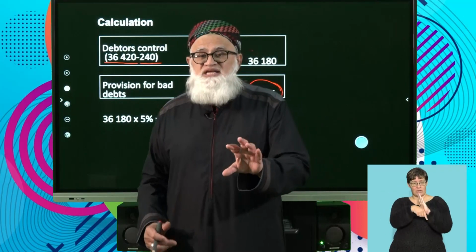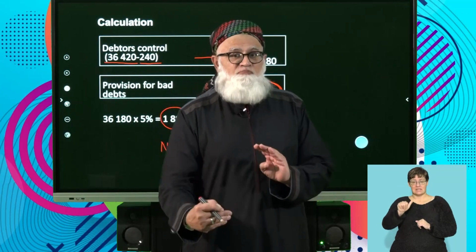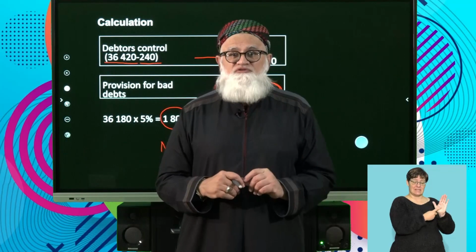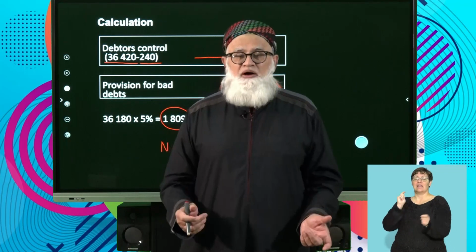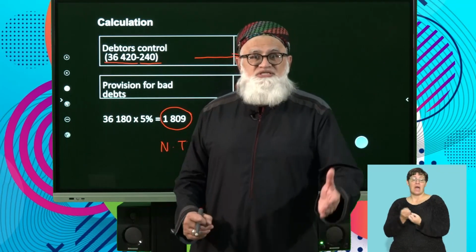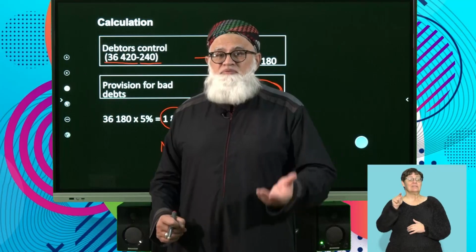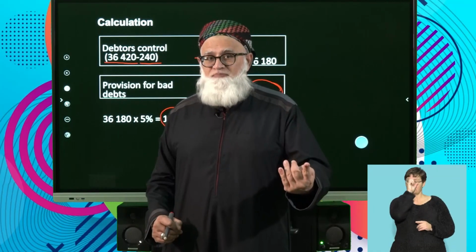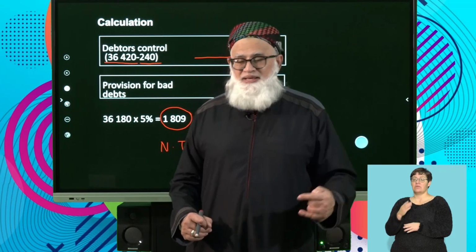Remember, that goes to your statement of comprehensive income, your 386, because you are decreasing your provision for bad debts. You're going to say debit provision for bad debts, credit provision for bad debts adjustment with the amount of 386, which then becomes an income because you have decreased your provision for bad debts. We also remember that when you increase your provision for bad debts, your adjustment account will be an operating expense.